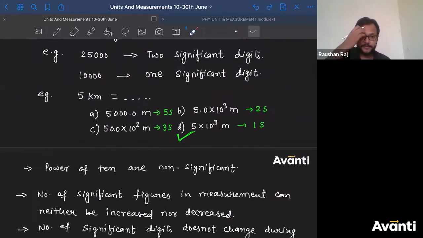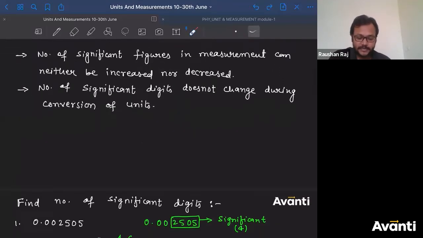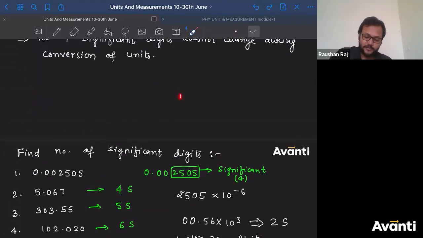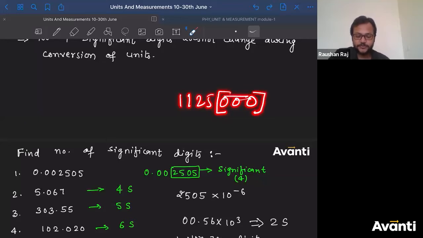Trailing means the ones at the back. If you have the number 1, 1, 2, 5, 0, 0, 0, and there is a non-zero digit to the left of the zeros, these zeros are called trailing zeros. So these 3 zeros are trailing zeros, at the back. So in 1, 1, 2, 0, 0, 0, these 3 zeros are non-significant. Okay?